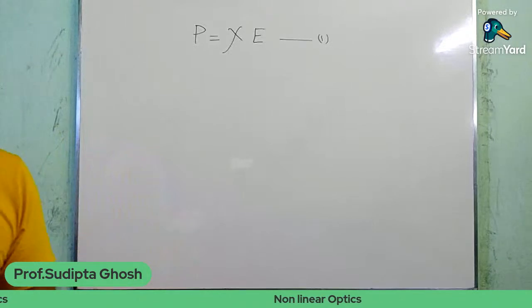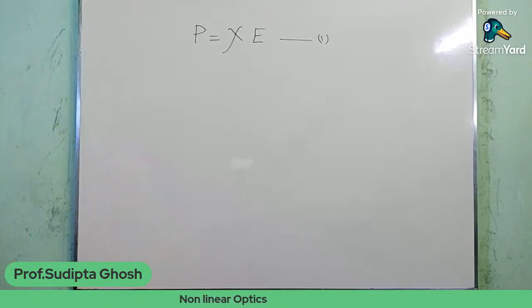And thus the field intensity of such a highly intense beam becomes capable of changing the dielectric polarization of the material, and so the dielectric susceptibility becomes affected by the electric field intensity of the light beam.